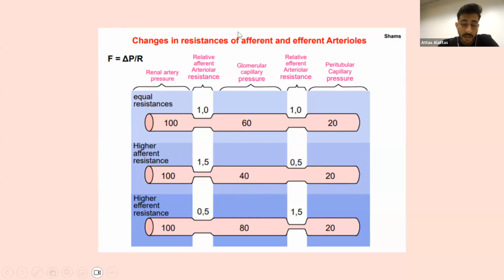Is that clear? Because in the beginning I had difficulty understanding the concept. For the second one we decreased the efferent. Why? Because the total resistance is the same.